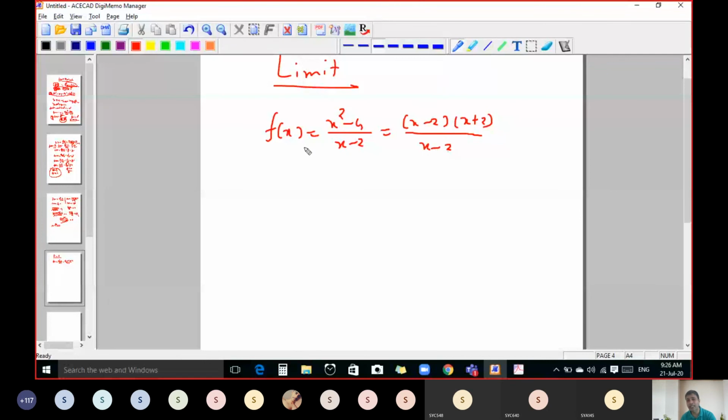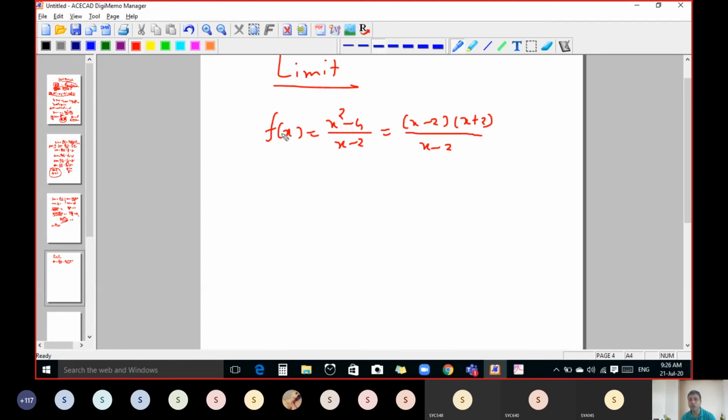And in that case, if we put x equal to 2, we get here 2 minus 2, 0, 2 minus 2, 0. But you cannot cancel this. And here 0 and this is 2 plus 2, 4. 4 into 0, you will get 0. And ultimately we get answer 0 by 0. That means f of 2 is not possible to calculate.